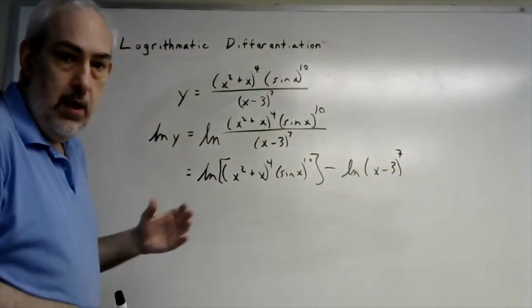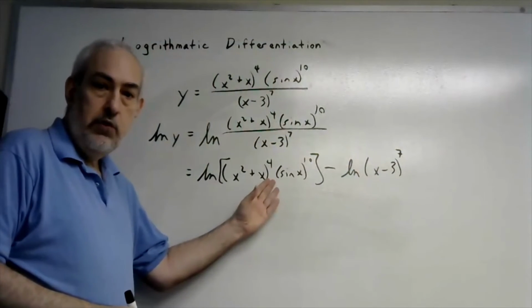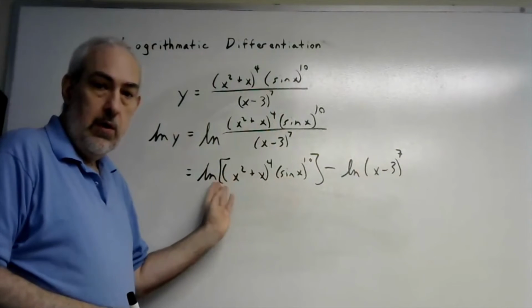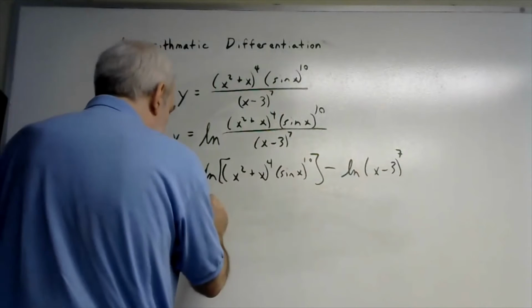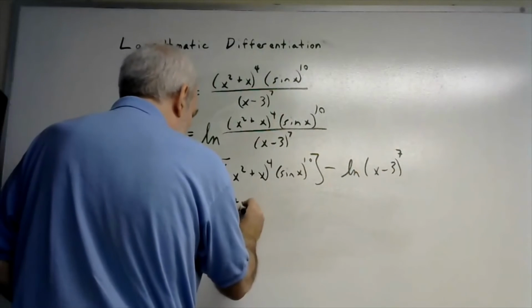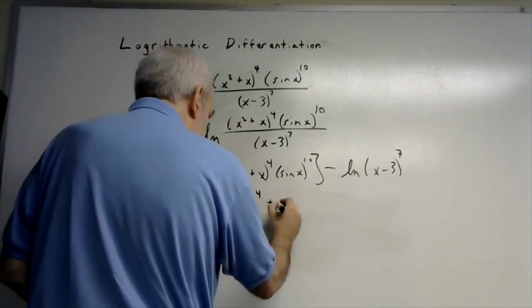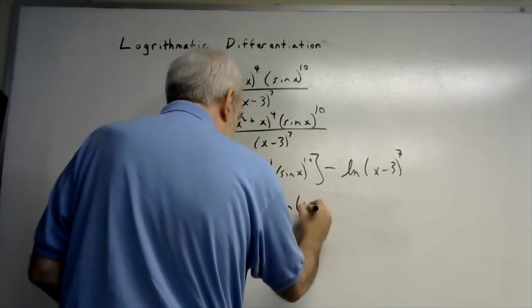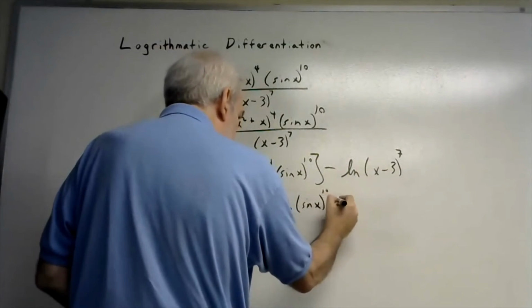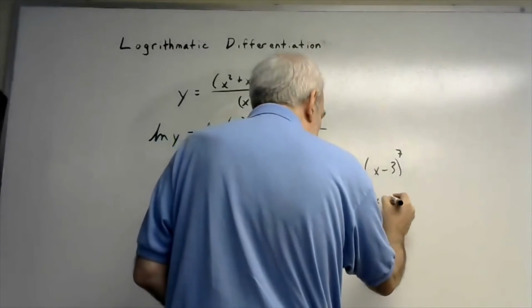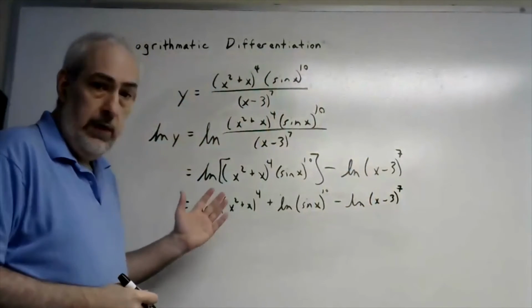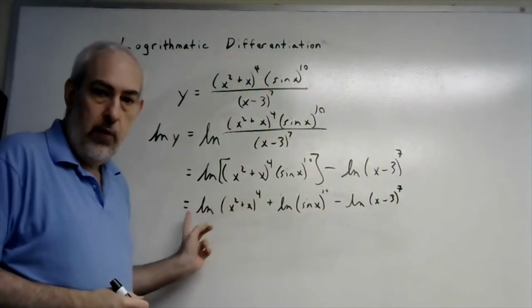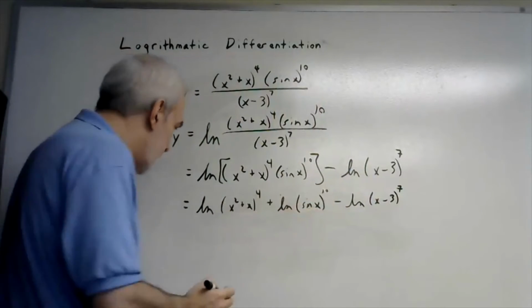Then we can use the multiplication property to split this up into log of the first plus log of the second term. So we have ln of x squared plus x to the fourth plus ln of sine of x to the 10th minus ln of x minus 3 to the 7th. Finally, we can use the exponent property to bring down this 4, bring down the 10, and bring down the 7.